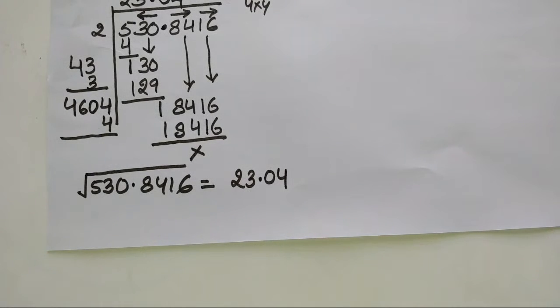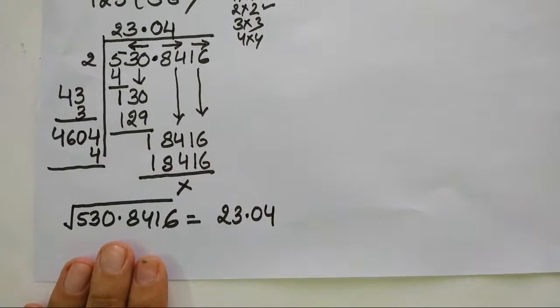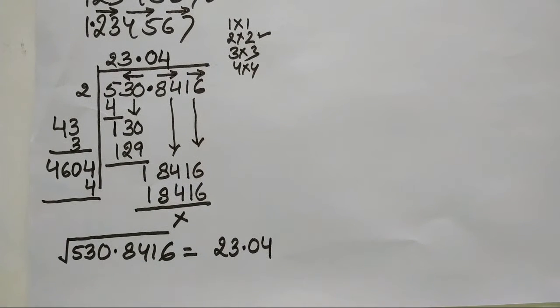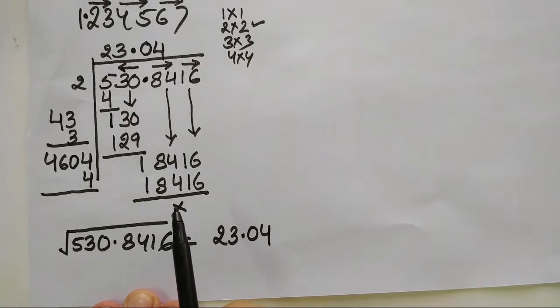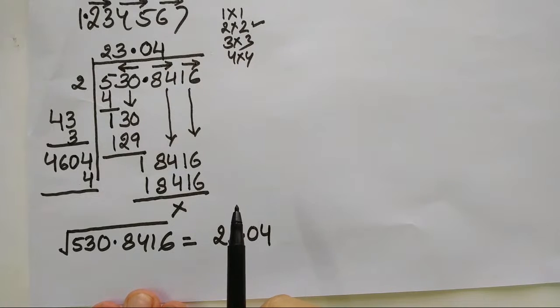So the square root of the number is 23.04. Since in this case the answer finishes here, the number is a perfect square. You can check the earlier video, where I have described how to find the square root of a number, and you will understand how it is done in an easy way.